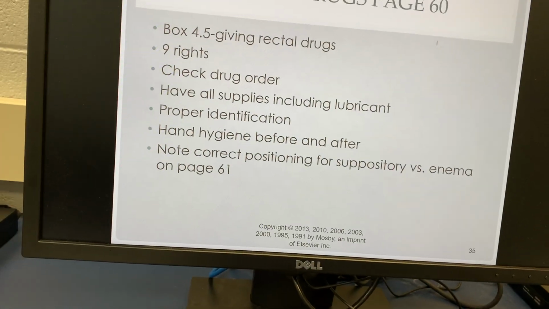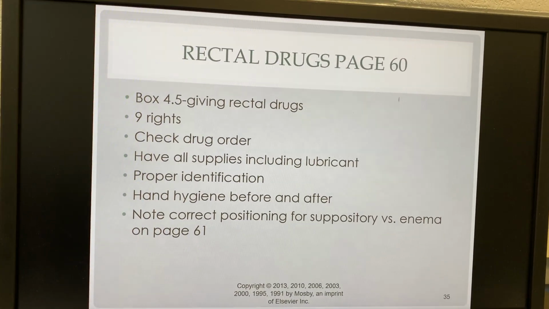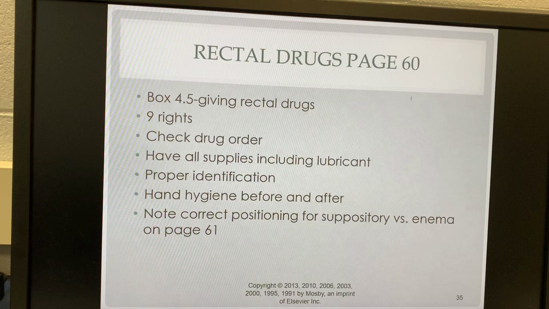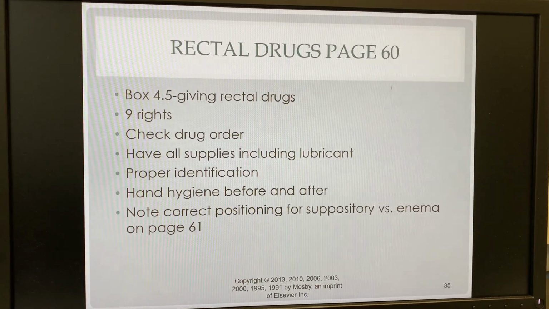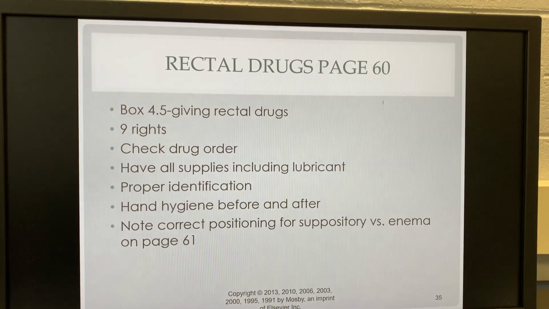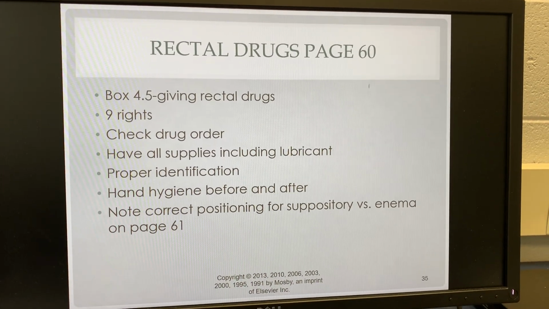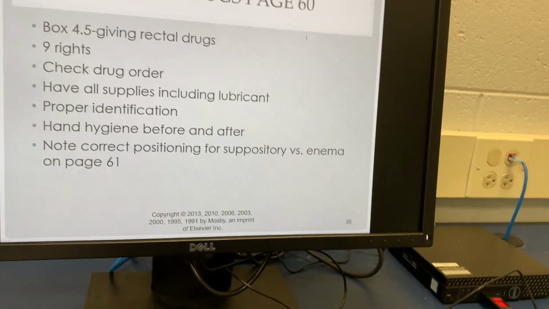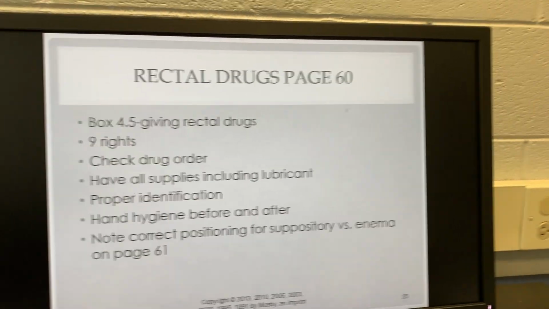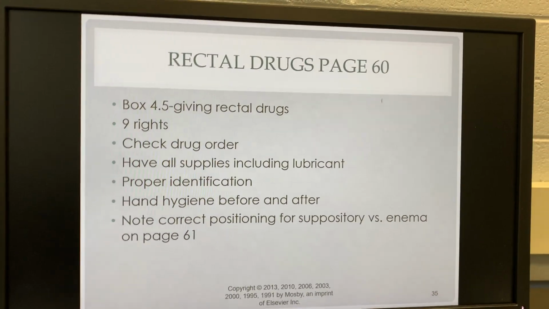They can be on their right side or their left side. You're just making sure that the suppository is instilled past the 2 sphincter muscles into the rectum, where it's going to dissolve and either be absorbed into the bloodstream if it's that kind, or provide a laxative into the rectal area. But anything with fluid, you got to make sure they're lying on their left side.